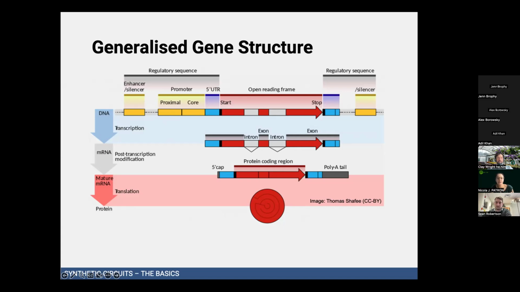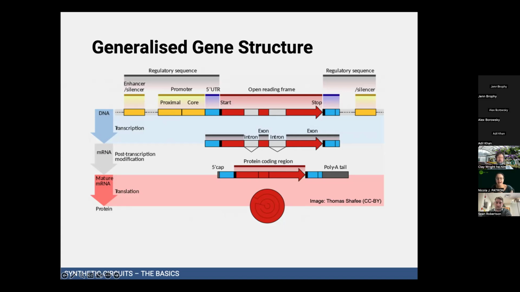But most of the time, because synthetic circuits are initiated at transcription, we generally focus on transcriptional control. But there are tools available for you as well to be able to think about manipulating gene expression of your gene of interest, or genes in the plant, at all kinds of levels.